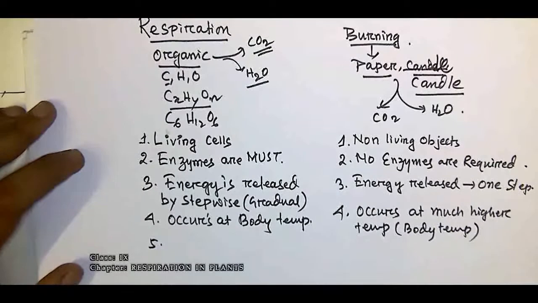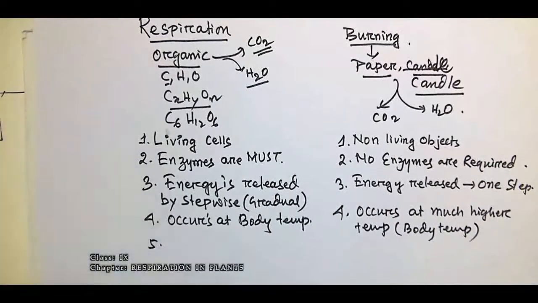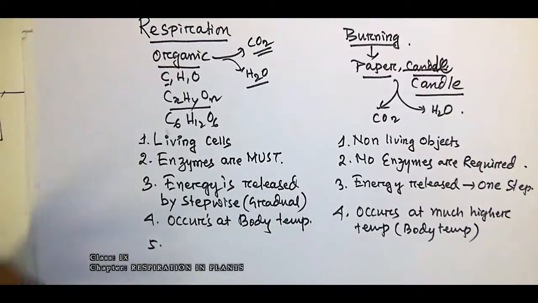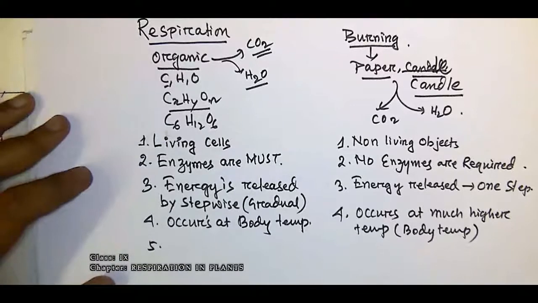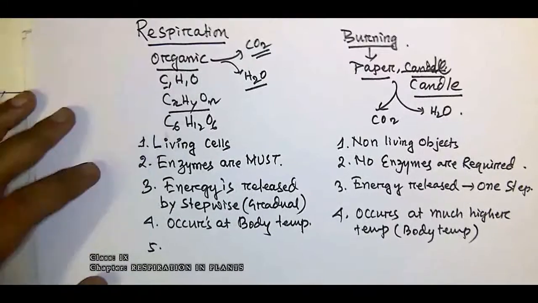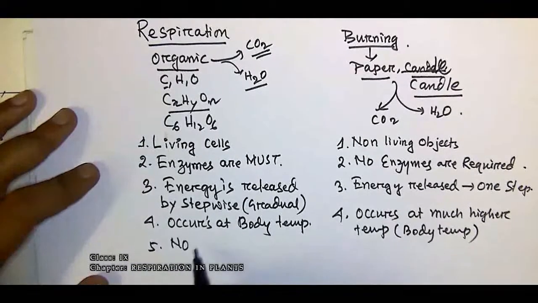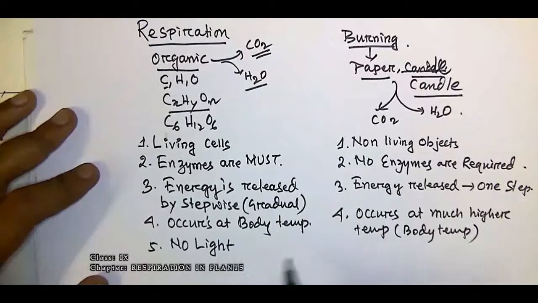Moving on to another difference. Do you produce light here? Not exactly. When you are respiring, can you see any light production in your body? No, not at all. In fact, visible light is not produced here.